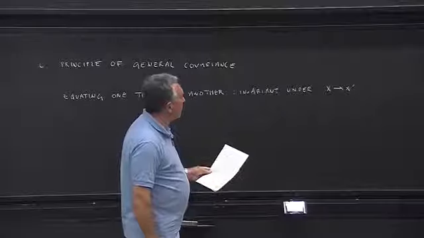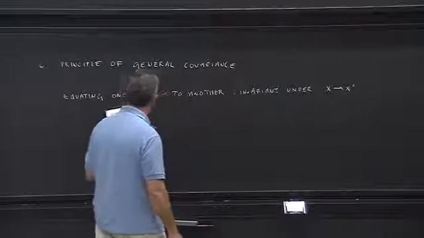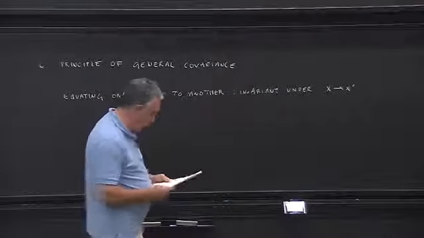If we want to construct an equation that's invariant under an arbitrary transformation of coordinates, all we have to do is equate one tensor to another.